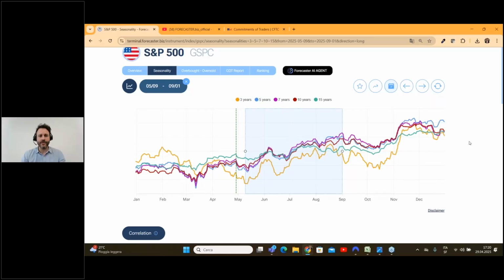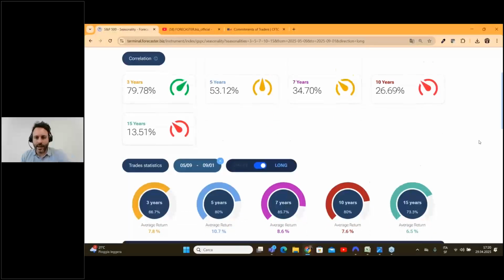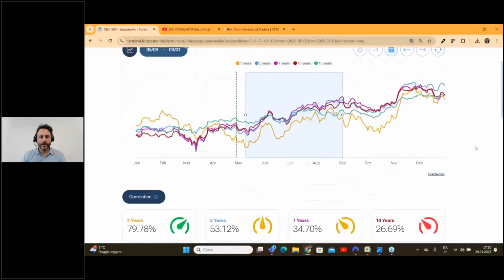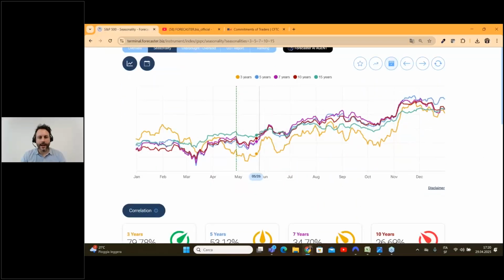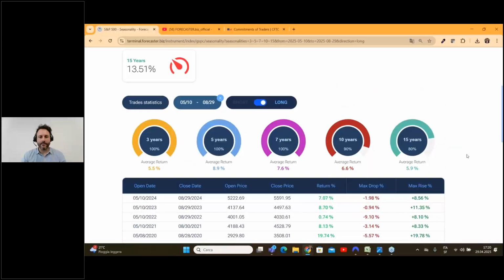Okay? So, for example, in this case, we know that we have a specific pattern during the years, and of course you can scroll down. Look, we can just close this specific highlight, because as you saw, if you go directly on the chart, you can ask the forecaster terminal for specific statistics about a specific time frame, a specific period of the year.